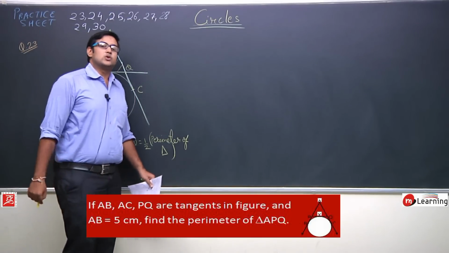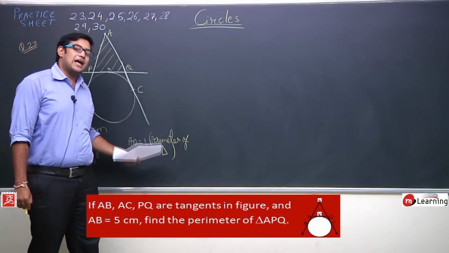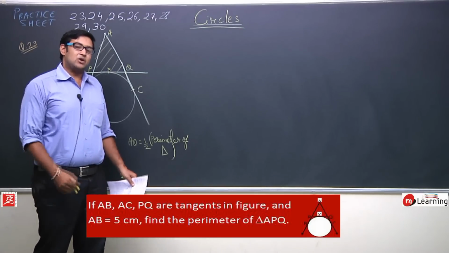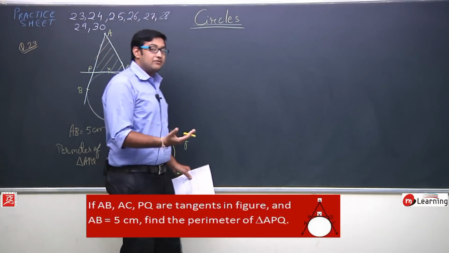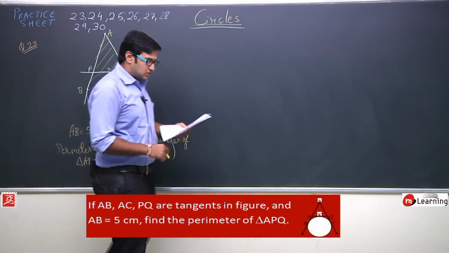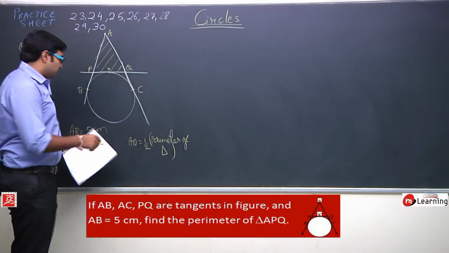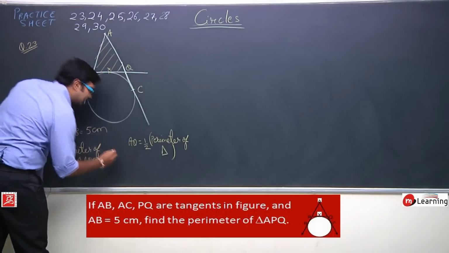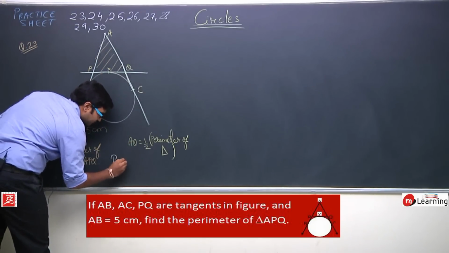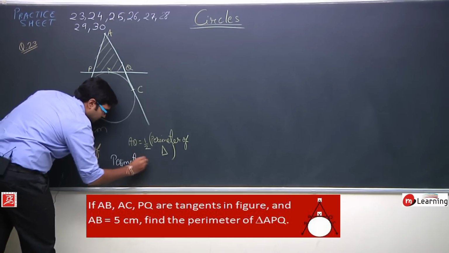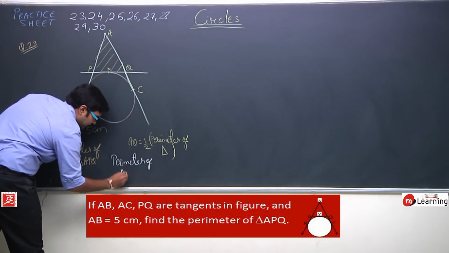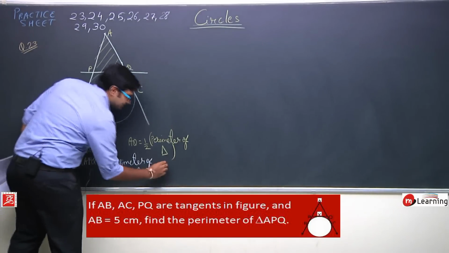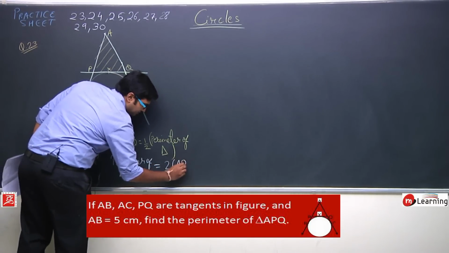What I am going to do is directly apply this relation to determine the perimeter. I am not going to solve question number 21 again. You can solve it because we have already done it. So using this relation I can write perimeter of triangle APQ is equal to 2 times AB.